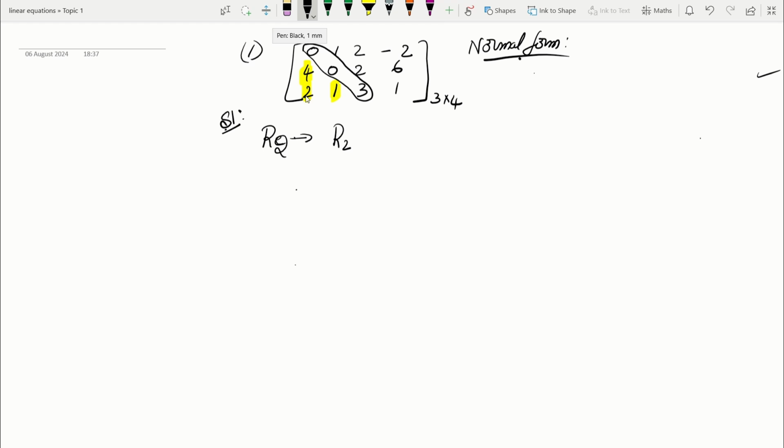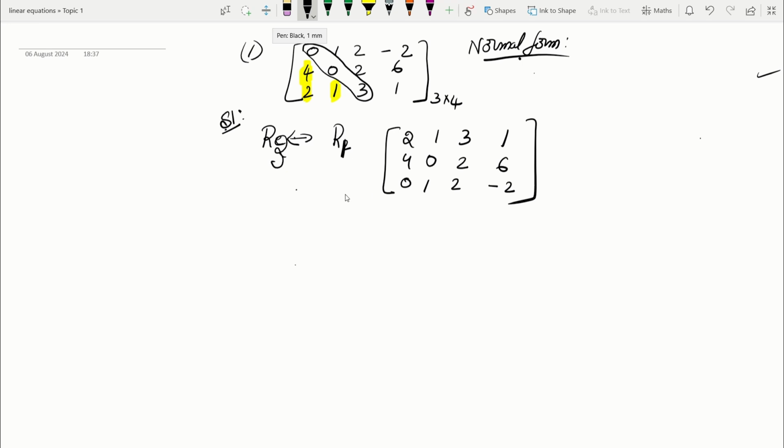Now, as we know, step 1. Generally we would do R2 implies R2 minus R1, na? But before that, I told you one more thing. We have to interchange the places, either R1 to R3, or R2 to R3.